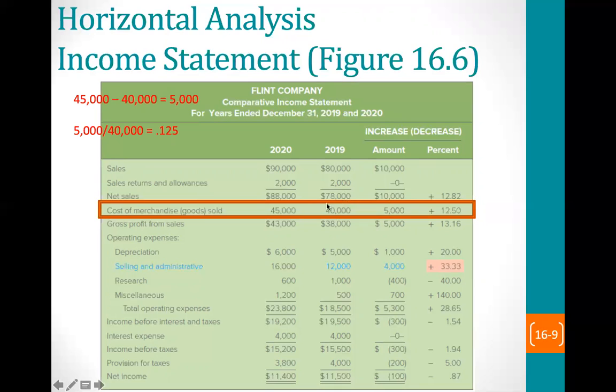Make sure you're dividing by the base year, the old year, the 40,000. Make sure you're paying attention to which year is in which column when you're calculating these. Also make sure that if it is a decrease, you're putting it in as a negative. This expense here for research decreased from one year to the next. So we have a decrease amount and a negative percent.